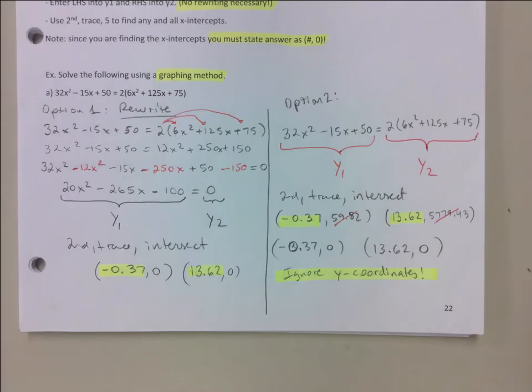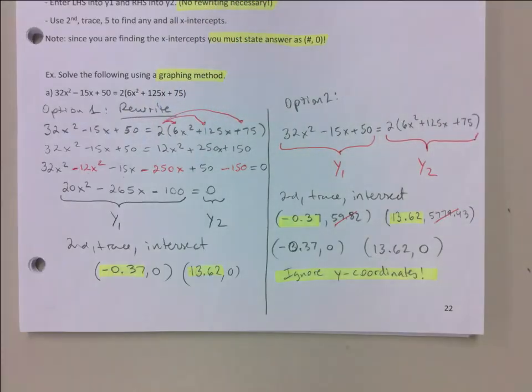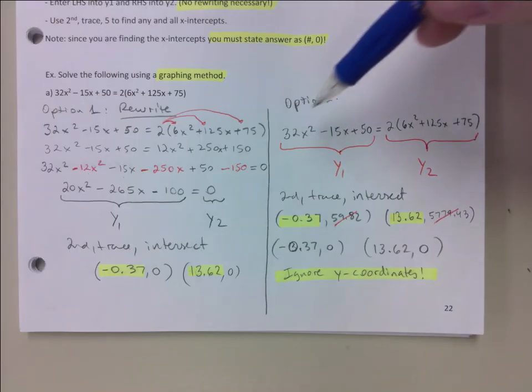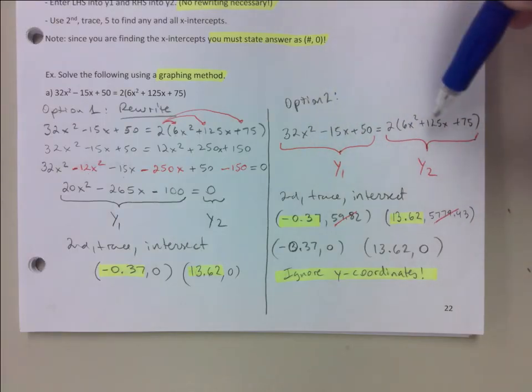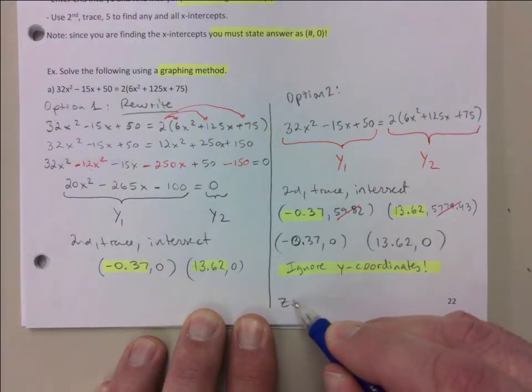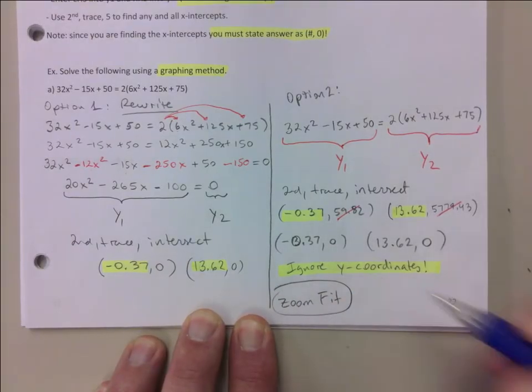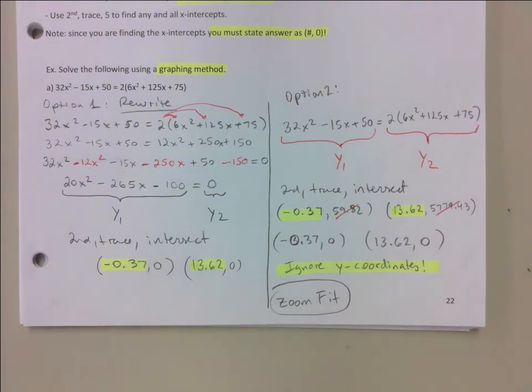I would say the risk with using option 1 is if you rewrite it, that you make a mistake in rewriting it. So then you'll lose marks there. So if you just keep it as is and you just type it in, I would say here, zoom fit, right? Zoom fit is your friend with either one, actually. Zoom fit is always there for you. It's a tool. Use it if you must, okay?